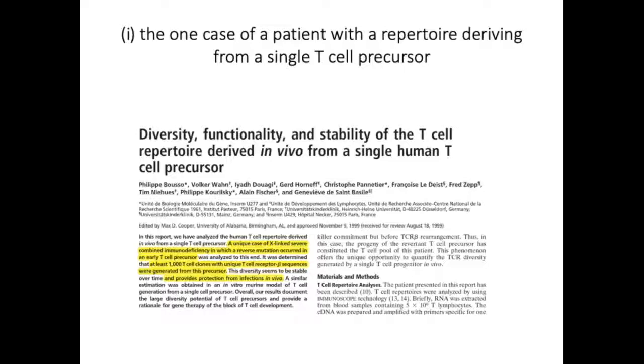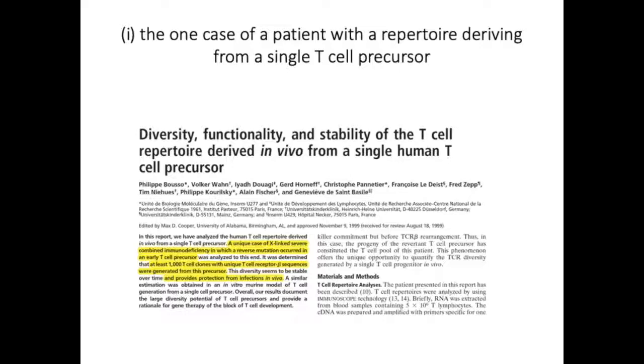This is one case of a patient with an immunodeficiency which in theory leads to the absence of recombination and thus of B cells and T cells. That person had one of his thymocyte precursors undergo a reverse mutation that led to the generation of an entire repertoire from one single thymocyte, the only one in which there was a reversion.